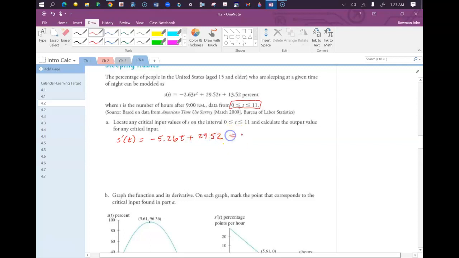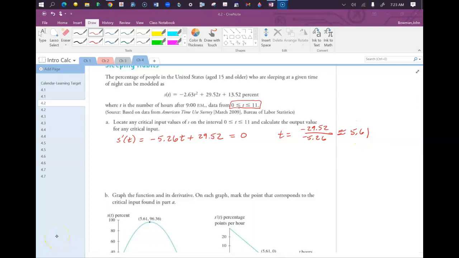We are going to set that equal to 0. If you set that equal to 0 and solve, we do not need Desmos for this. We're going to get negative 29.52 over negative 5.26. If we use our calculators there, we get t is approximately equal to 5.61.